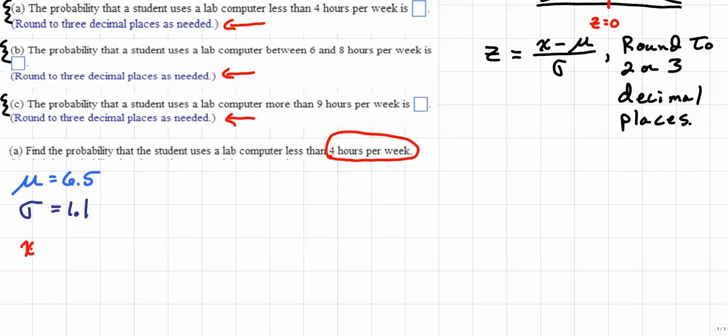So I can write this as x is equal to 4. And now let's discuss what the z-score will be. We'll have our x value of 4, now we'll subtract the mean, which is 6.5, and then we will divide that by the standard deviation of 1.1.